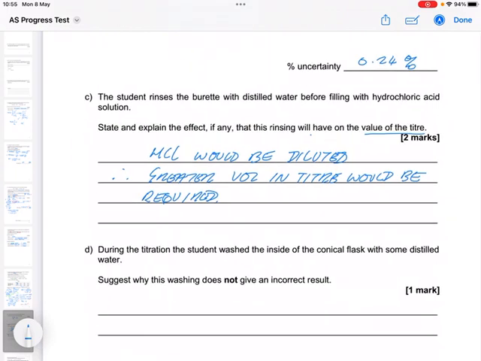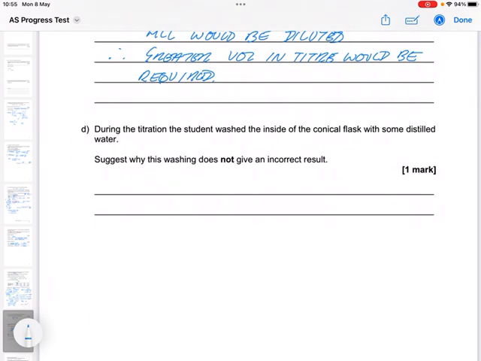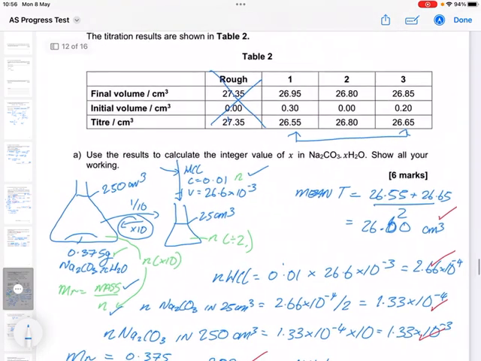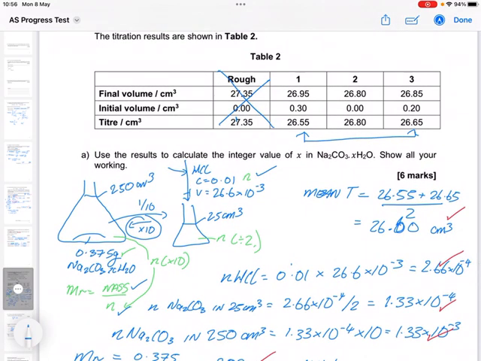And then part D, during the titration, the student washed the inside of the conical flask with some distilled water. Suggest why the washing does not give an incorrect result. Again, let's go back to this. So while you're doing a titration here, what you often get are little splashes that go up the side. And if you rinse that back in with a little bit of water, well, the water's not going to change anything. It doesn't react with the sodium carbonate. All it's going to do is wash any unreacted sodium carbonate back into the flask.